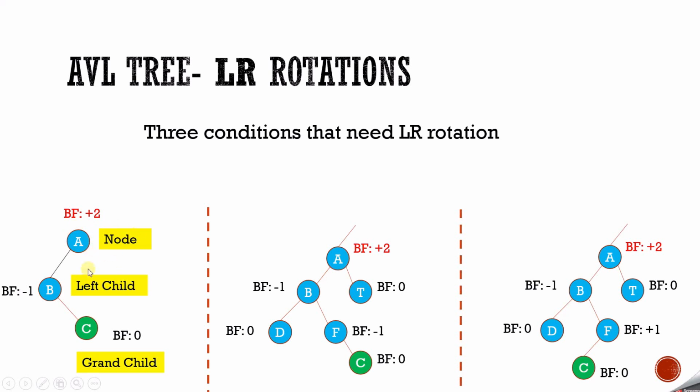Its left child is the left, and the newly inserted node is going to become the grandchild. Similarly in this case, A is the node, B is the left child, and F is the grandchild, and the new node is inserted in the right subtree of the grandchild.